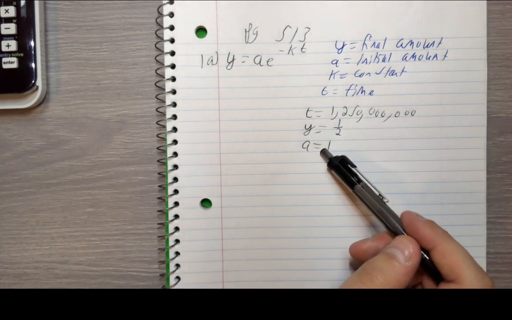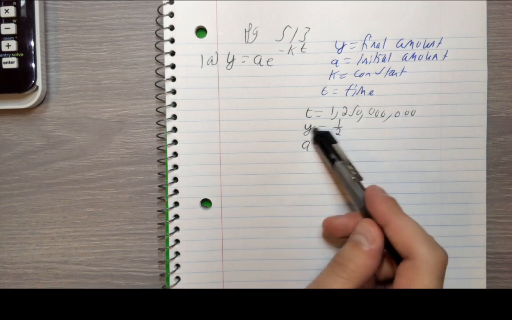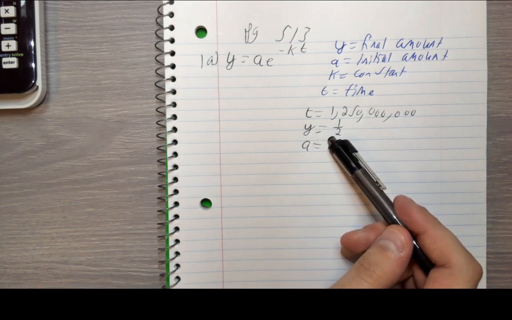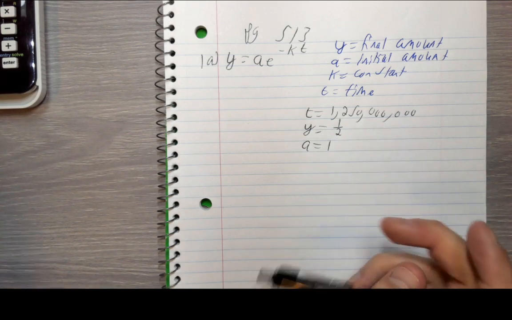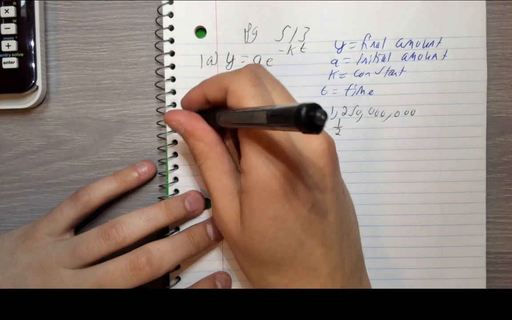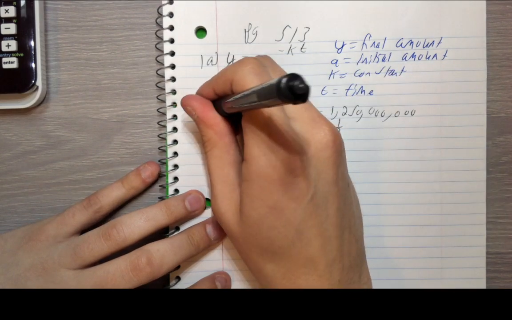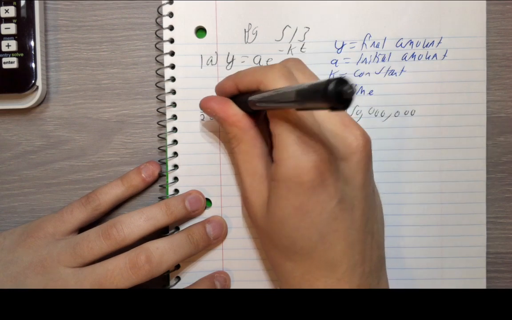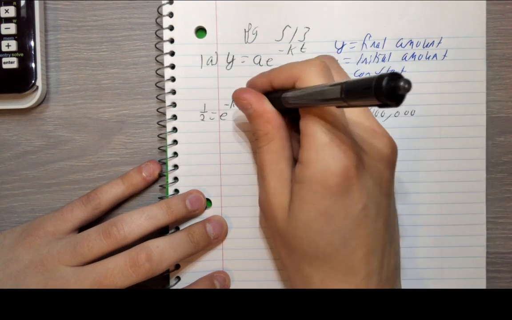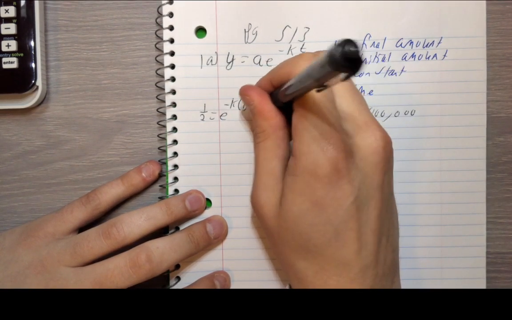The final amount's always going to be half of it, so it'll always be that proportion of 1/2 to 1. So in other words, my equation is 1/2 equals 1 times e to the negative k times t, where t is 1,250,000,000.